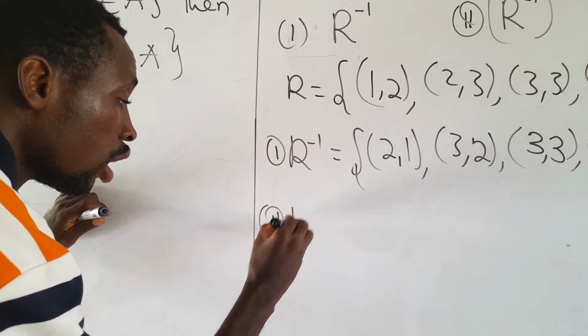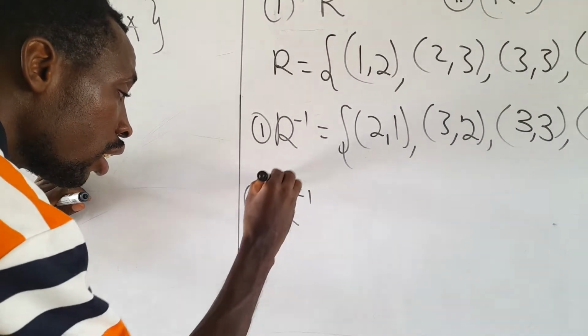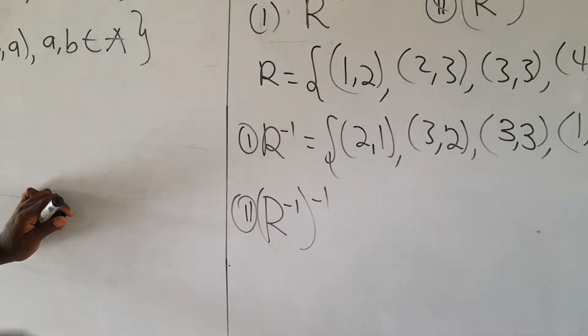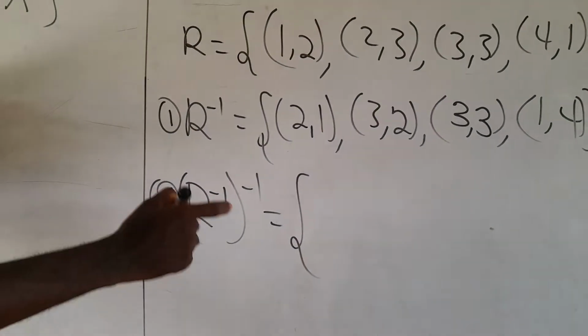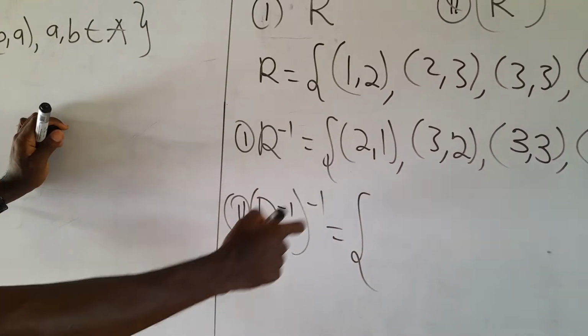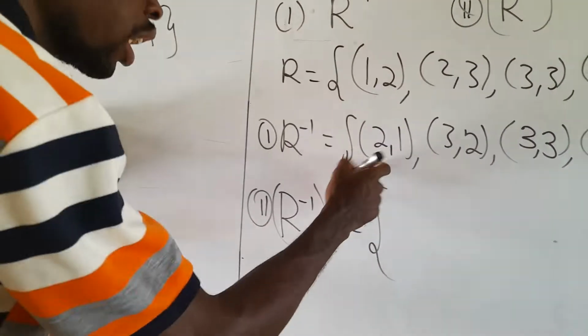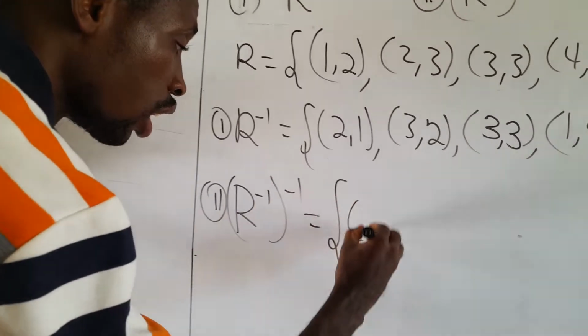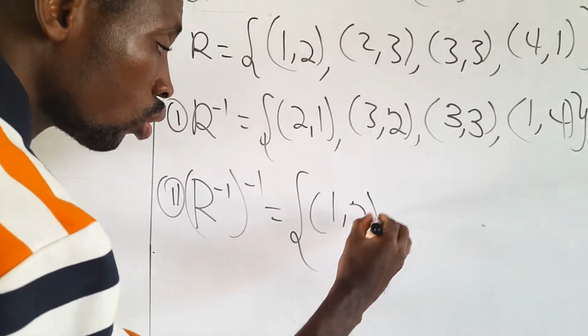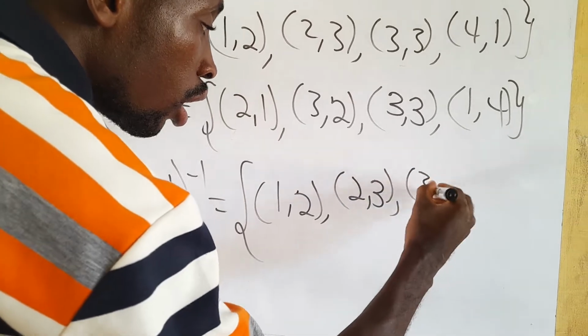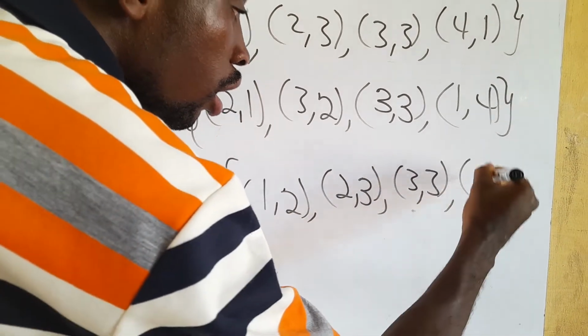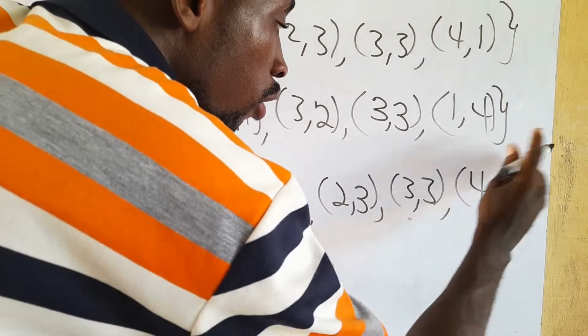Now the second one, the inverse of R inverse. So what is the meaning? It means we alternate the position of the R inverse again. So we'll take this R inverse and alternate the positions again. We get (1, 2), (2, 3), (3, 3), then (4, 1).